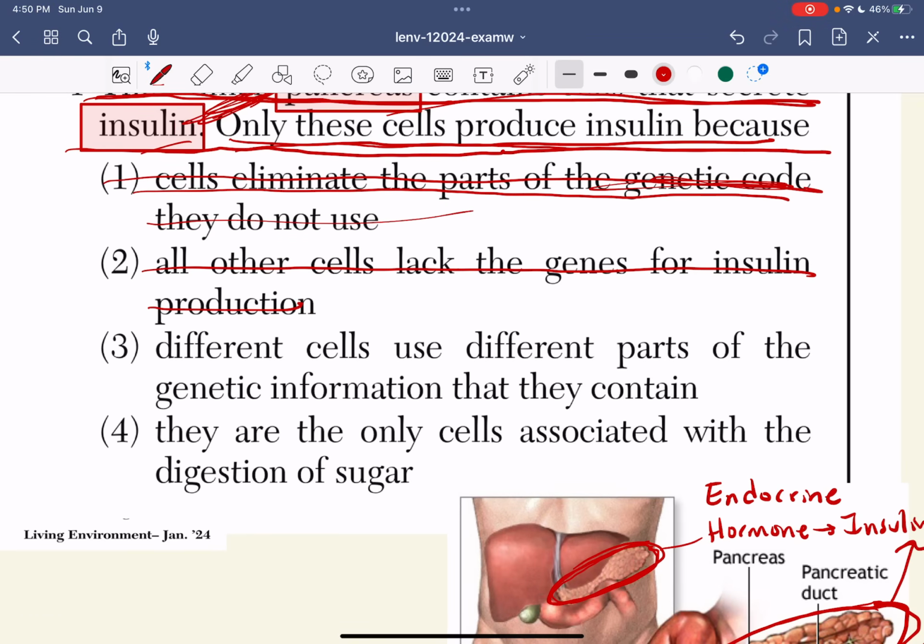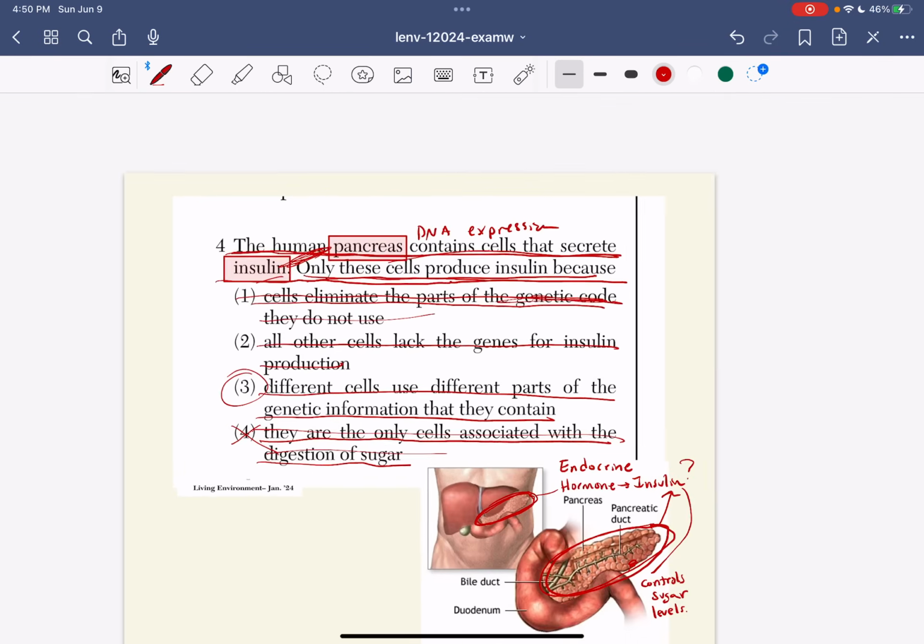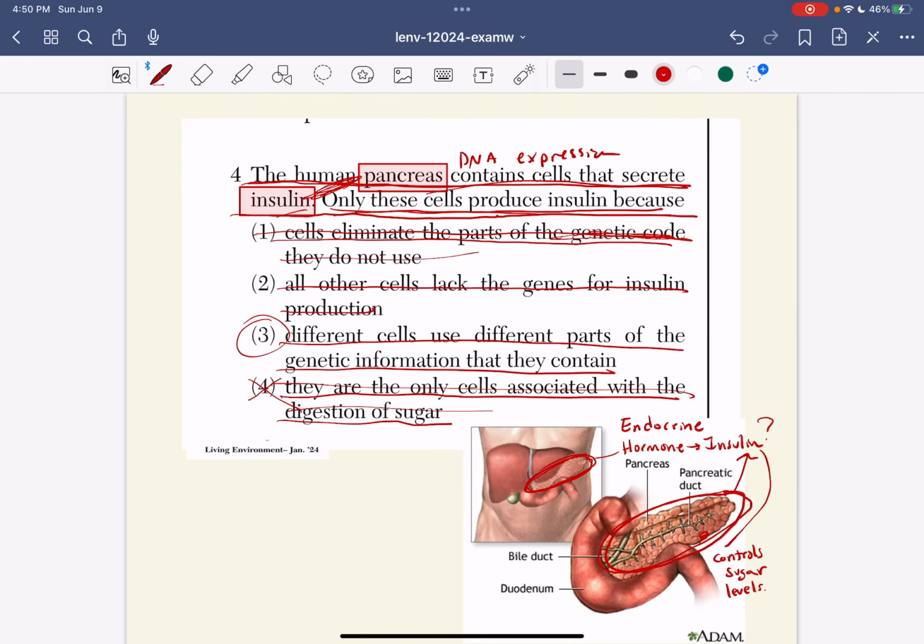So that's not it. Different cells use different parts of the genetic information that they contain. This is looking good. They are the only cells associated with the digestion of sugar. No, that's not correct. That has nothing to do with what we're looking for. So the correct answer for number 4 is 3.